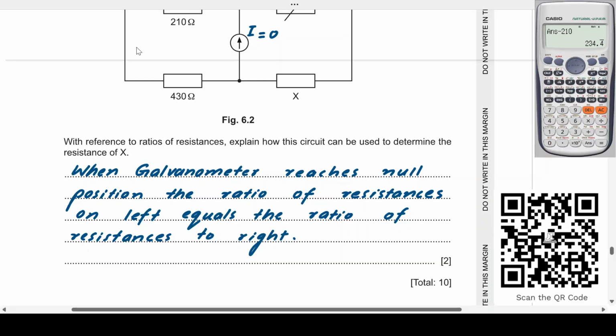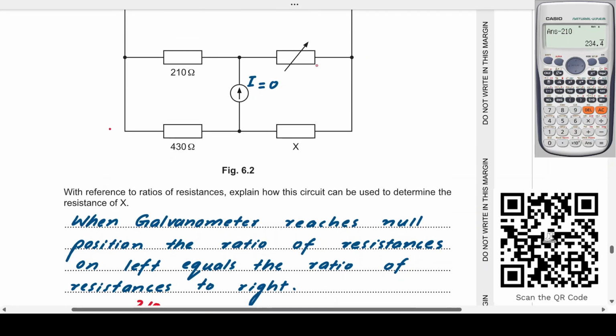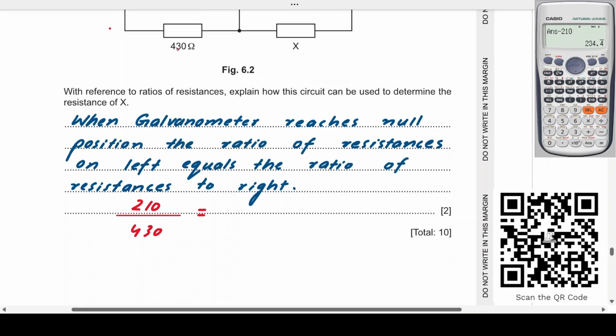And we can make an expression. For example, 210 divided by 430 equals this resistance R, the resistance at which the galvanometer shows 0.